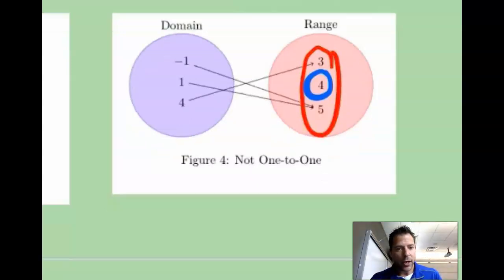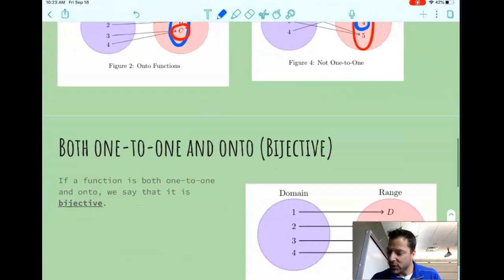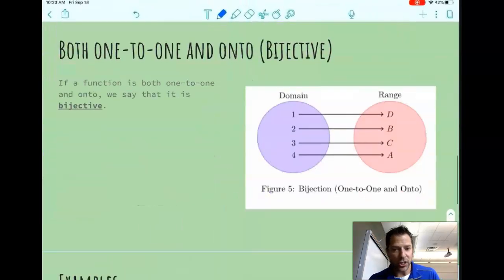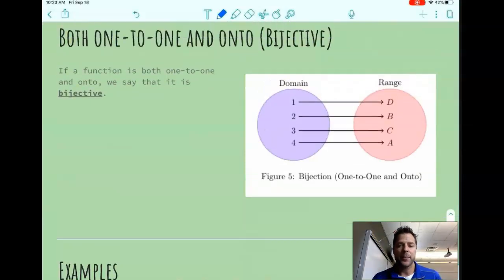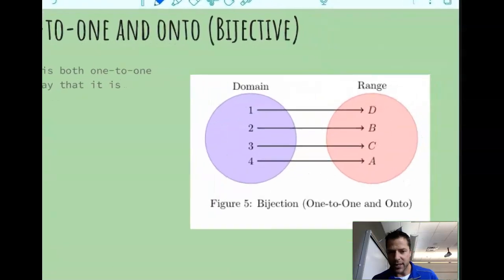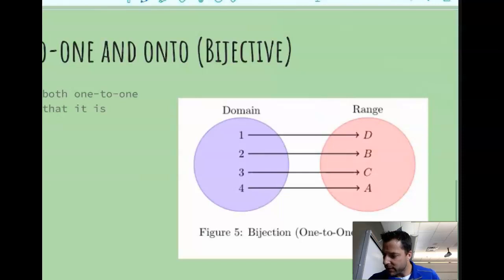If you're both one-to-one and onto, it's called a bijection. You're bijective, meaning you're both one-to-one, an injection, and onto, a surjection. So if a function is both one-to-one and onto, it's said to be a bijection. Check it out, here's an example. We're looking at our buddies from the range again.